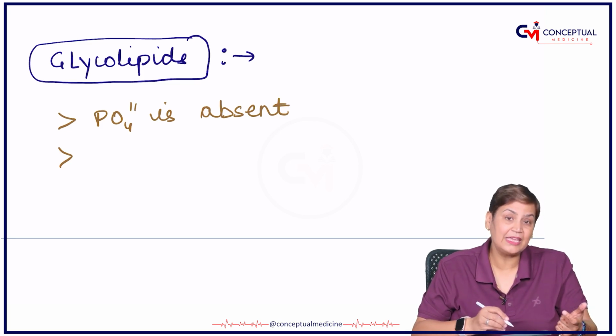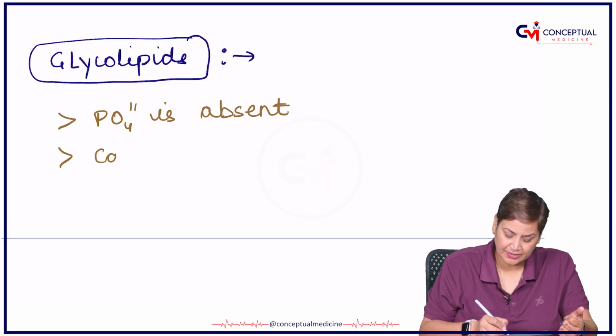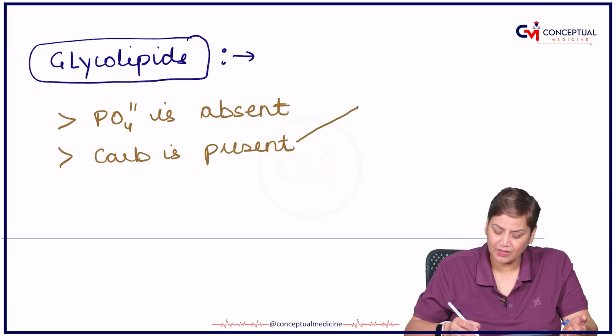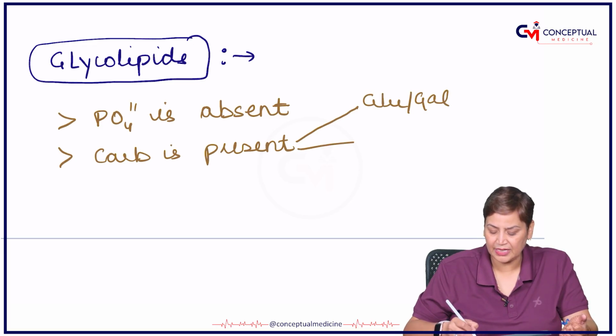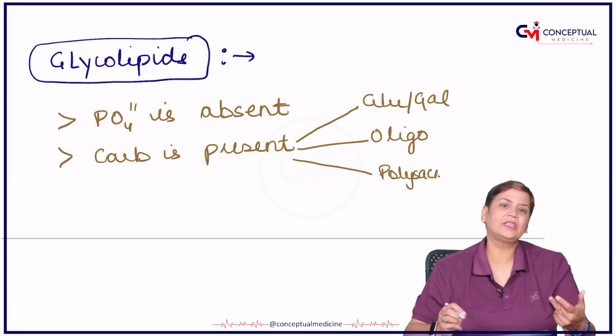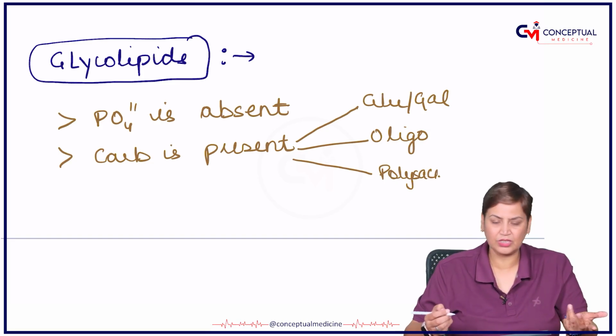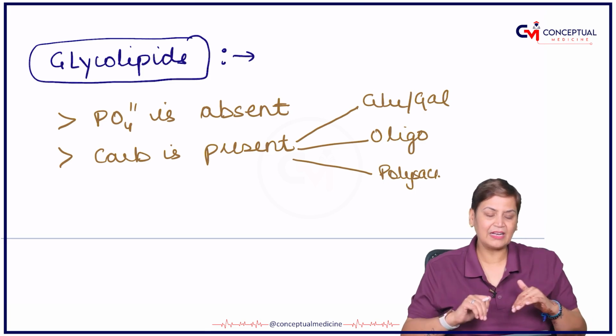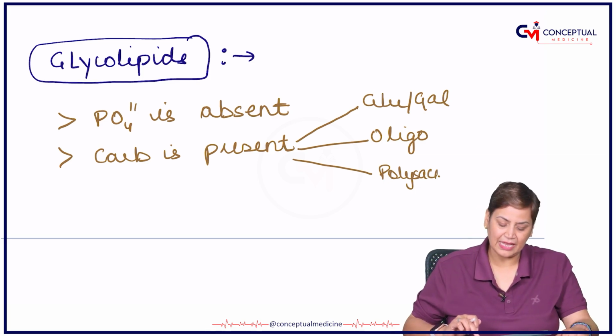Instead of phosphate, glyco means carb is present. And we have already studied about the classification of carbs. It can be glucose, it can be galactose, it can be oligosaccharides, it can be polysaccharides, or the derivatives of the sugars. So mono, oligo or polysaccharides, when they combine with a lipid, it will be a glycolipid.